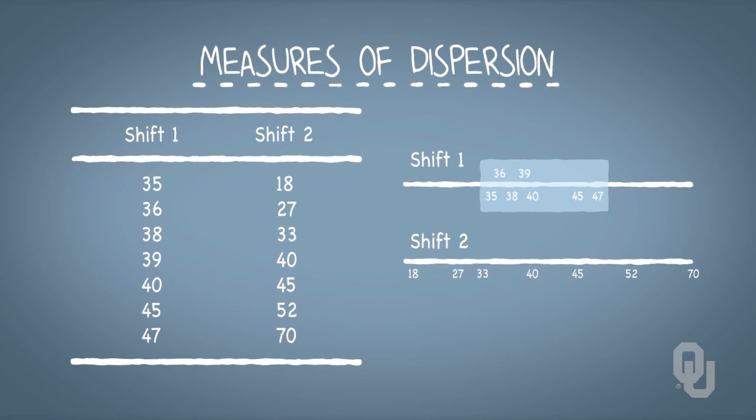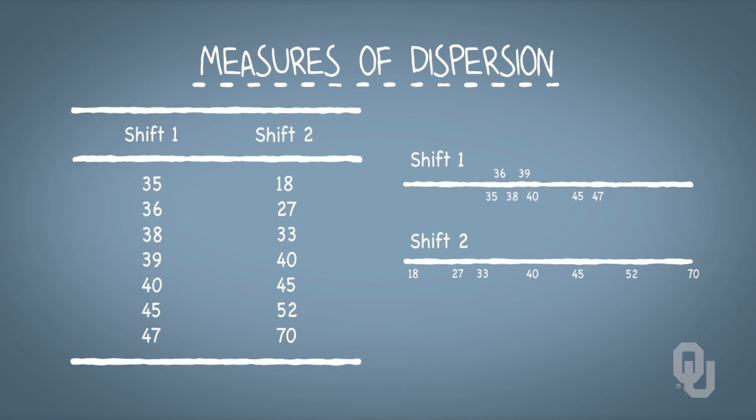That is, the dispersion of operator performance in shift 1 is small or tightly packed. In shift 2, we see something completely different. One operator gets a lot done, one gets very little done, and the operators in between are still pretty dispersed. The variability in shift 2 is greater than that of shift 1. Looking only at a measure of central tendency may not be enough to tell the whole story.